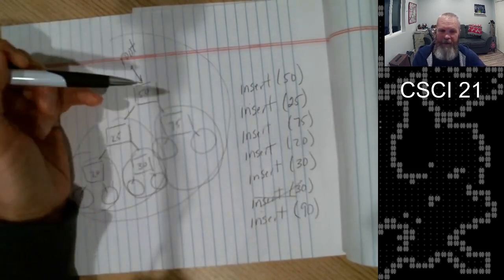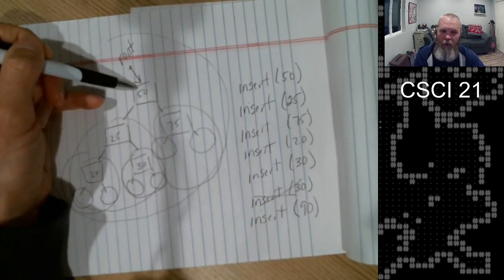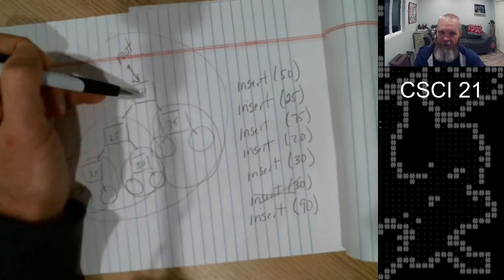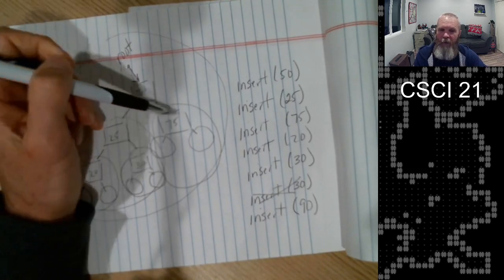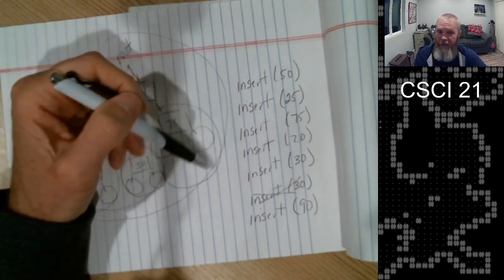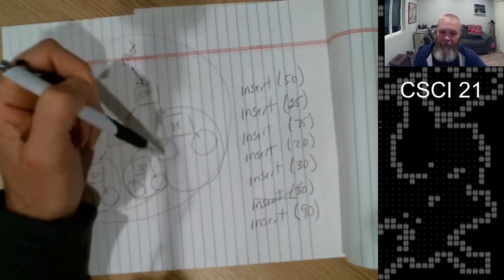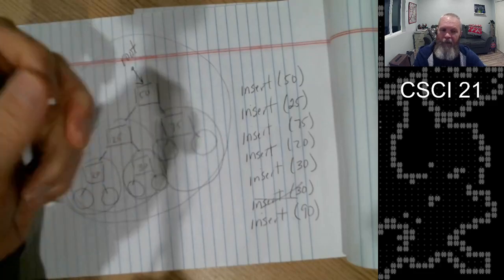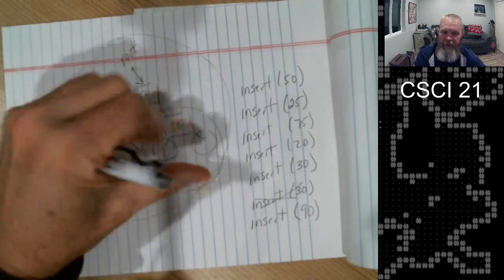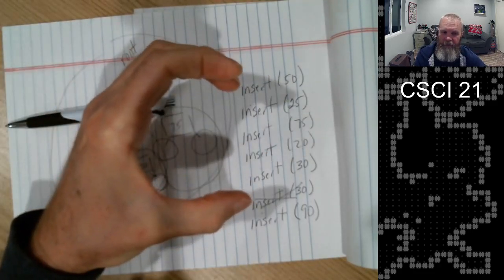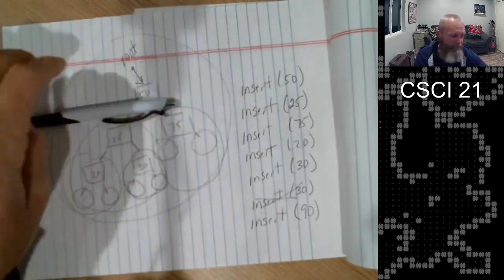So if we take a 90 and we start at the root, well, there's already something there. 90 is bigger than 50, so we go to the right into this tree. So now we're actually working in its whole own tree in there.